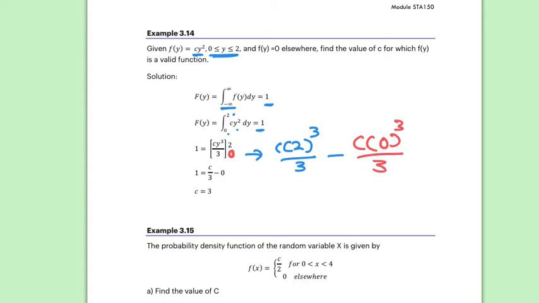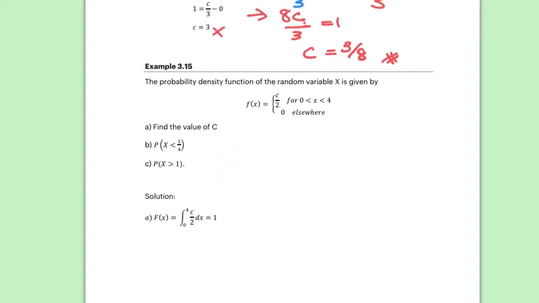So the answer is 8c over 3 equals 1. So c is 3 over 8. So this is the answer.